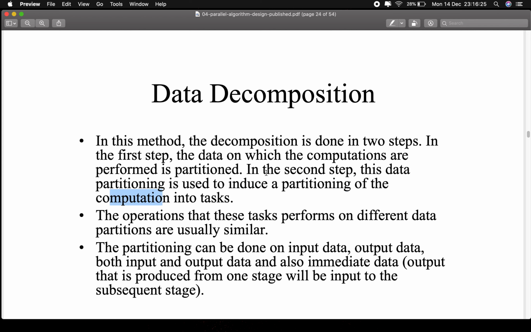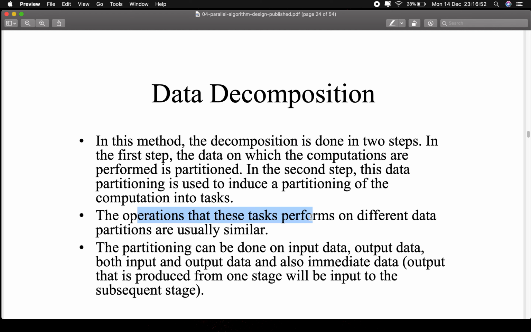So you will divide it. Let's say first you divide the application, and then you perform it on each problem. After that, for the second step, for each problem you do a partitioning or grouping.